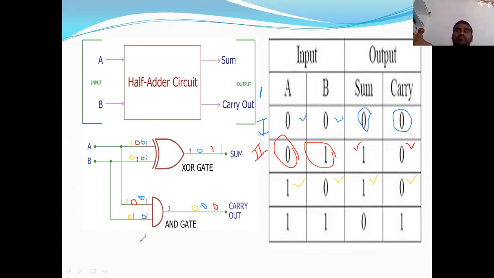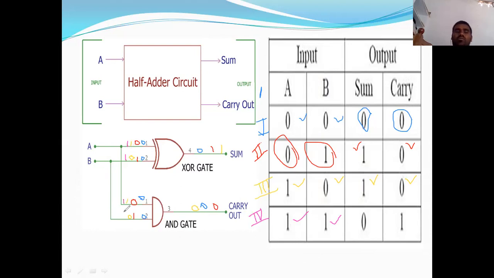And next we have the fourth case. For the fourth case, we have the inputs A is 1 and B is 1. So here we have the inputs 1, 1.